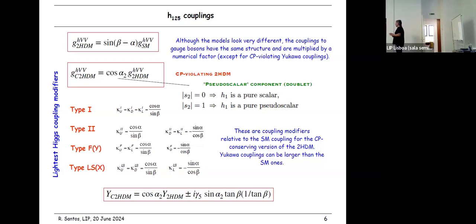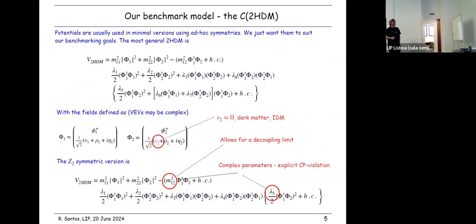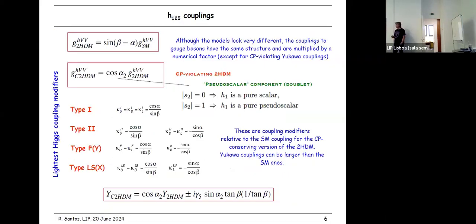There are a lot of ways that you can then couple these two fields. If you still remember how to build the gauge Lagrangian, you take these two fields and you couple them to the fermions. The way you can couple these two fields to the fermions with the Z2 symmetry is just these 4 types of models.